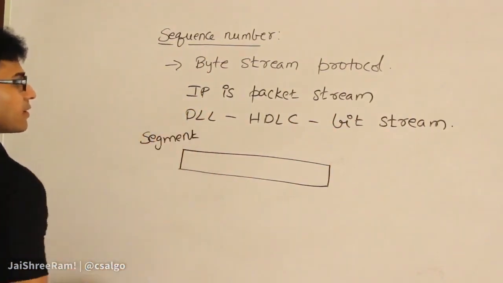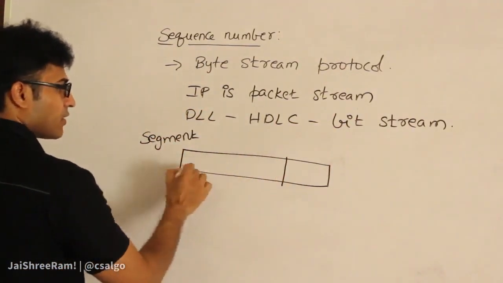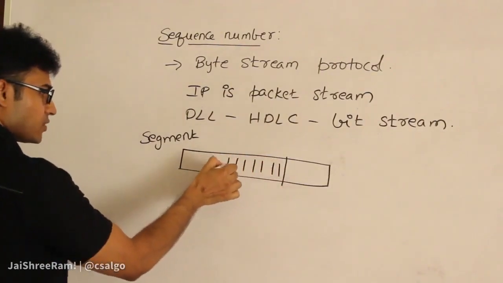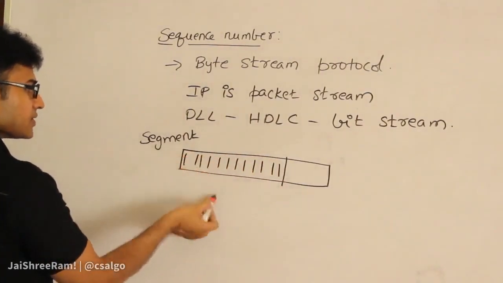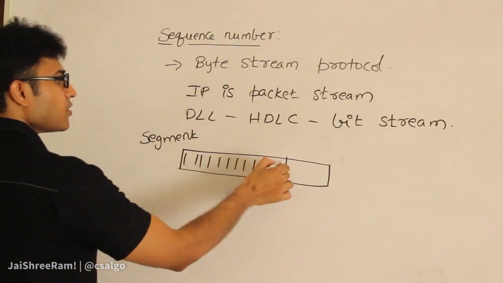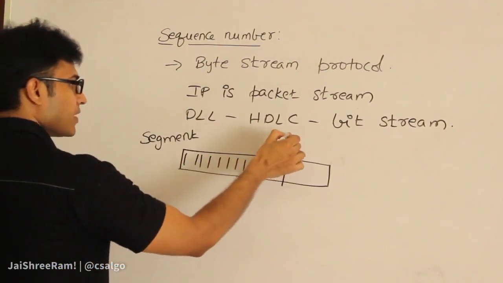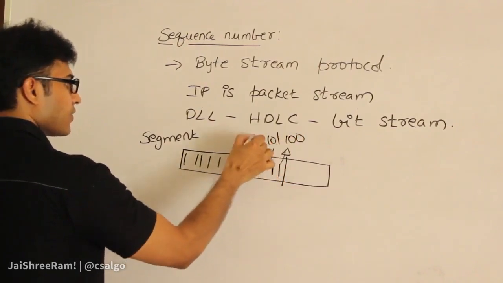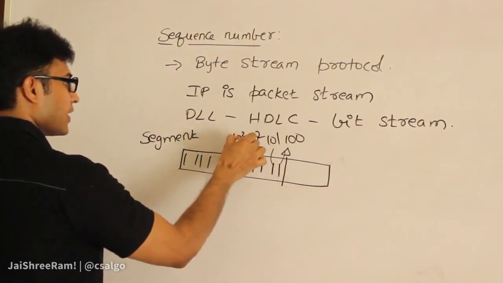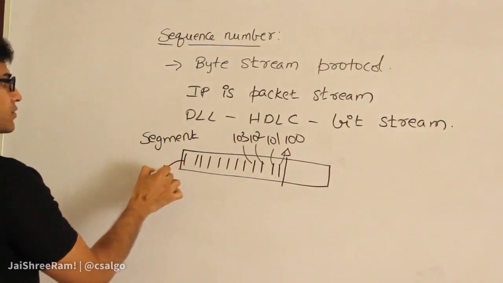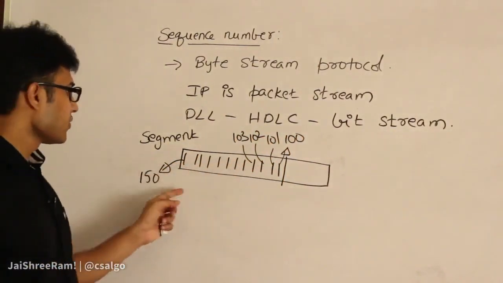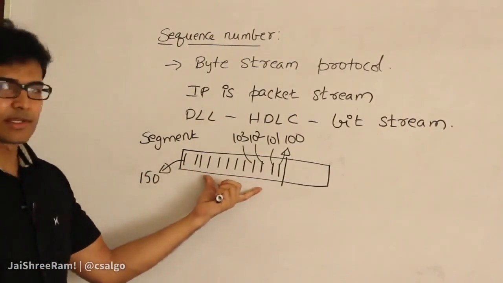In a segment, there will be a header, and then there will be a body, and this will be bytes. All the bytes present inside the TCP segment, every byte is going to get a number. For example, if this byte is 100, the next byte is 101, the next is 102, the next is 103, like that. The last byte is, let us assume, 150, right? So from 100 to 150, all the bytes are present in this segment.